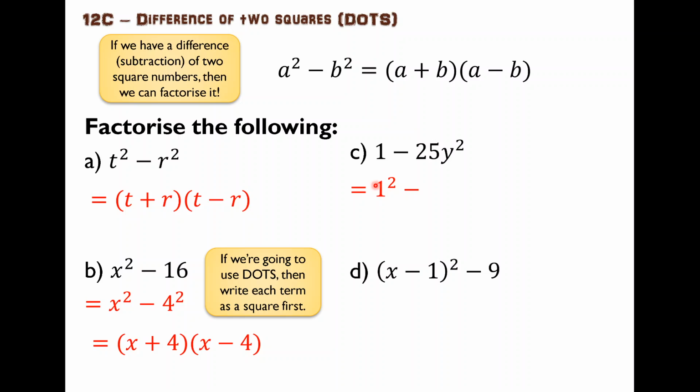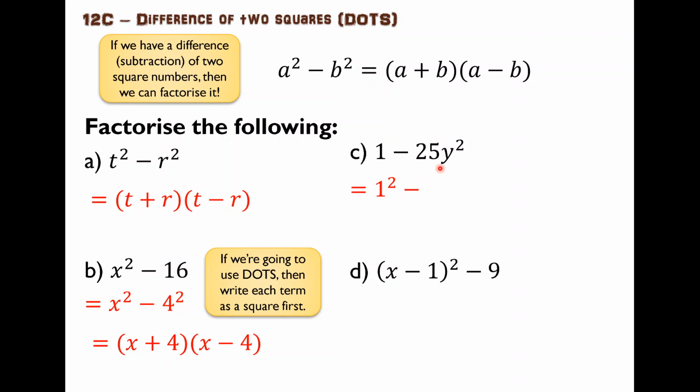It's the same number, but now I've written it to make it look more like the pattern. This second part, 25y squared, can I write that as something squared? The answer is yes, but I'll be honest, you probably got it wrong, because everyone gets it wrong the first time. And that's okay, it's part of the learning journey.